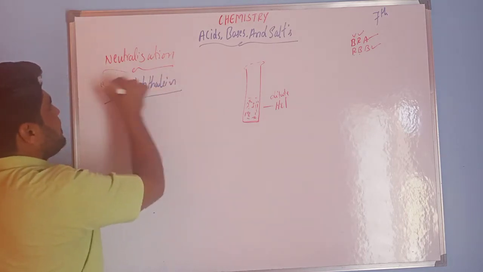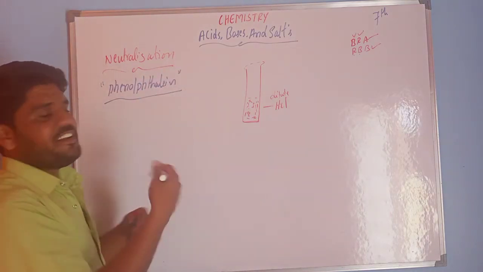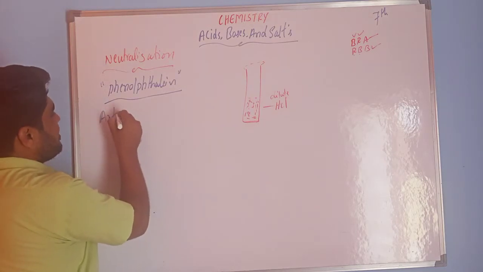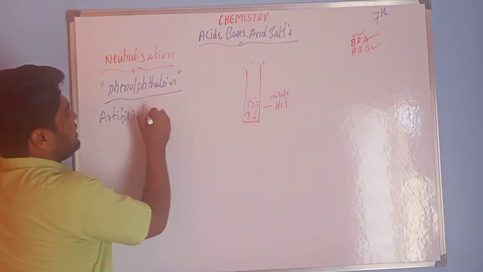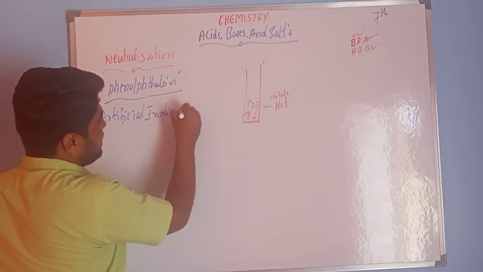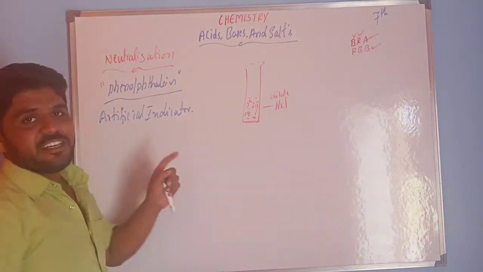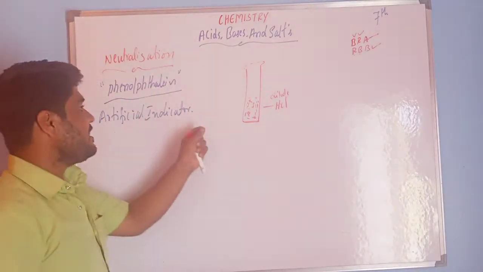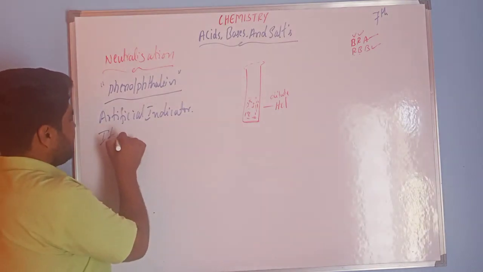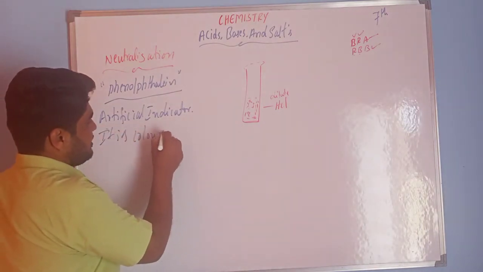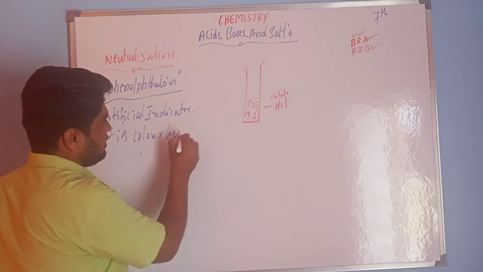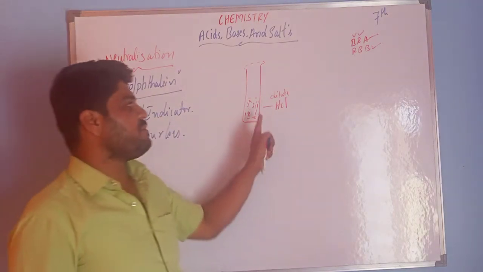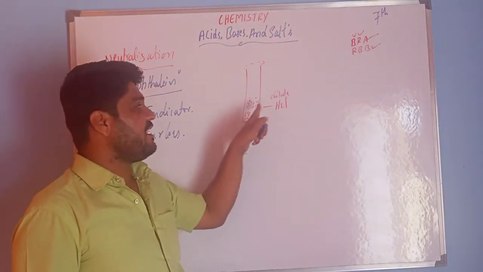Phenolphthalein is an artificial indicator. Okay, it is colorless. So firstly, I am taking dilute HCl in a test tube.